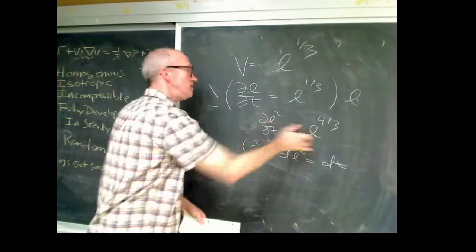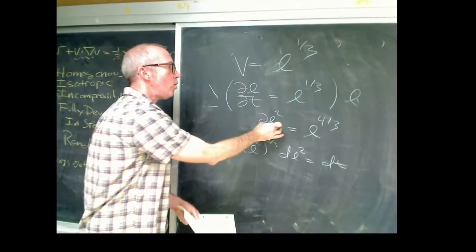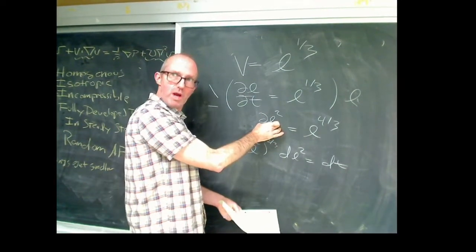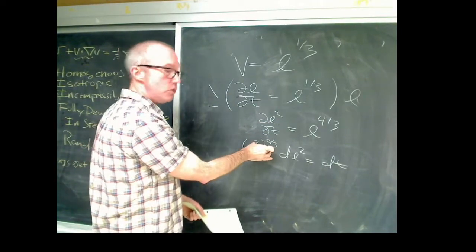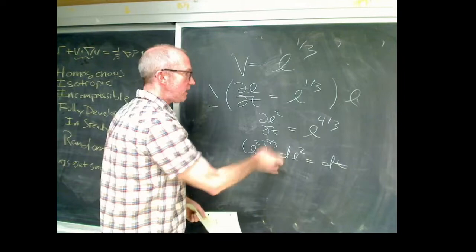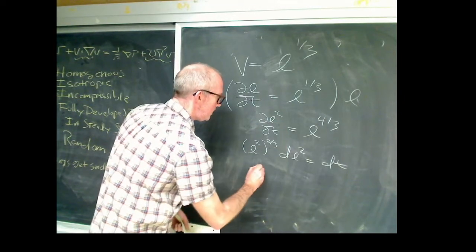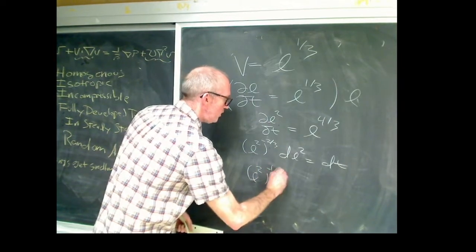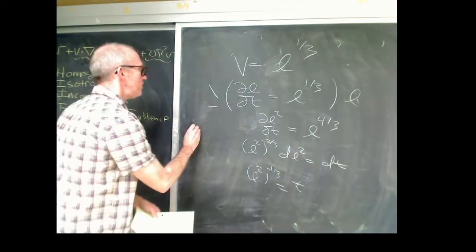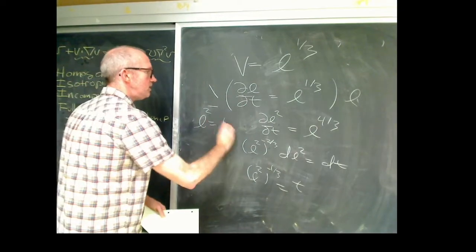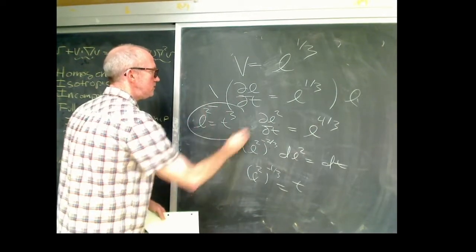Okay, this comes over here and it becomes L to the -4/3, but the quantity that I'm integrating is L squared, because that's what I care about. So it's L squared to the -2/3. I integrate this and I get L squared to the 1/3 equals T. I integrate the other side and I'm left with L squared equals T cubed.